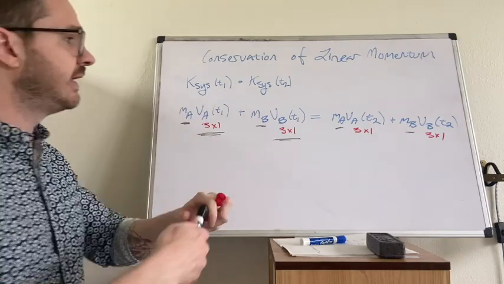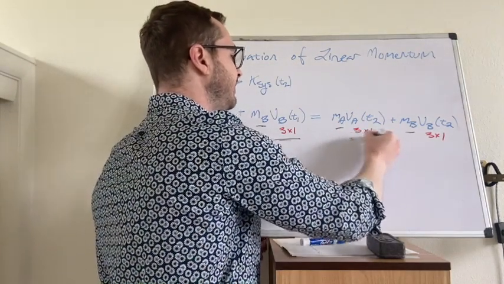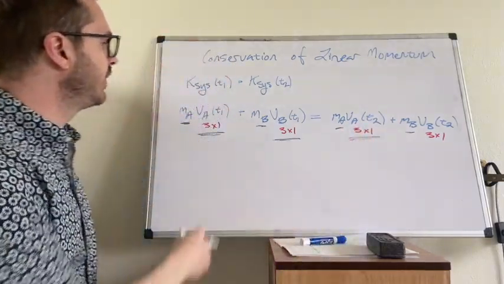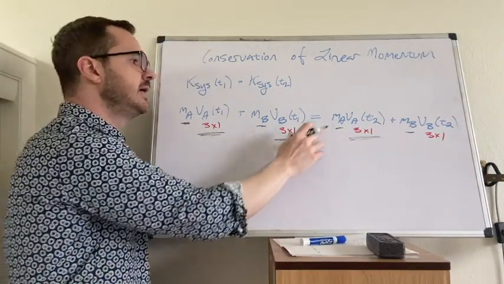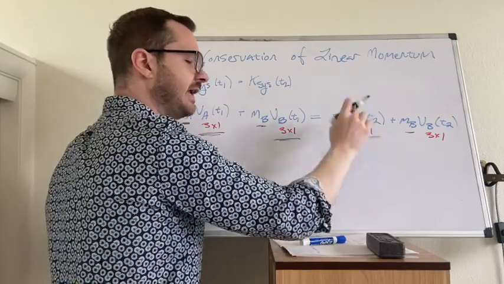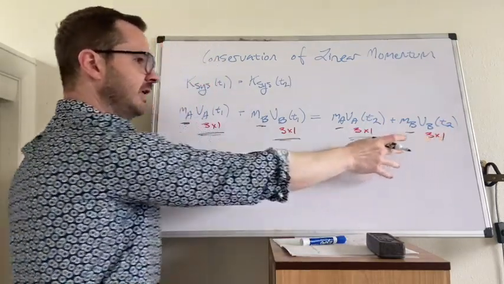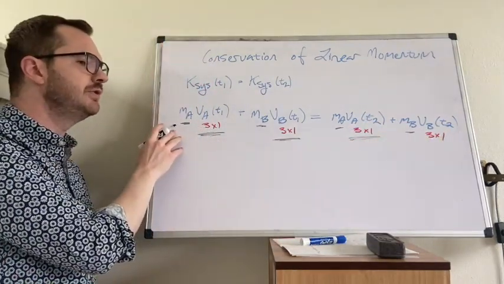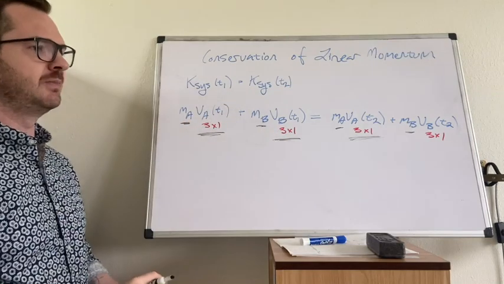Let's pretend that we also know the velocity of A after the collision. So we knew exactly everything going in, and we know the velocity of A coming out, and now the only thing that we're missing is the velocity of B. You can use this equation to solve for the velocity of B.